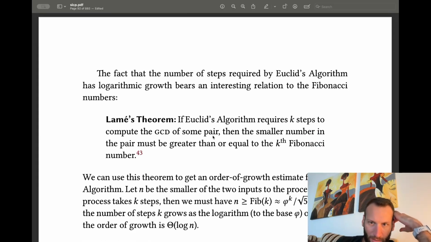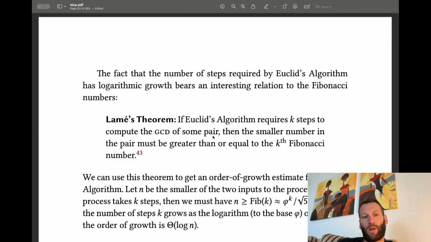And I guess that this relation is Lamé's theorem. If Euclid's algorithm requires k steps to compute the GCD of some pair, then the smaller number in the pair must be greater than or equal to the kth Fibonacci number.